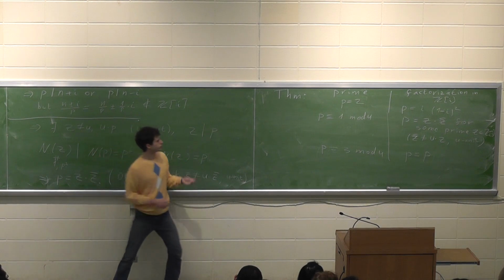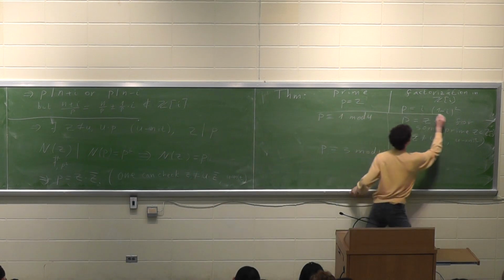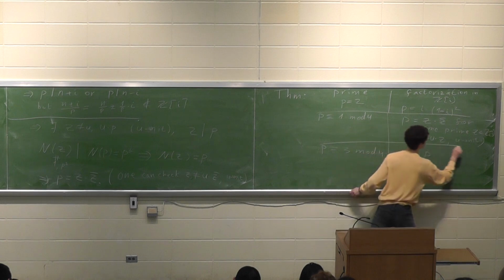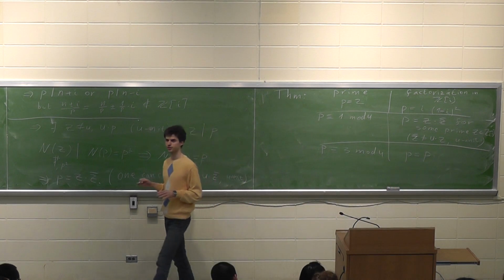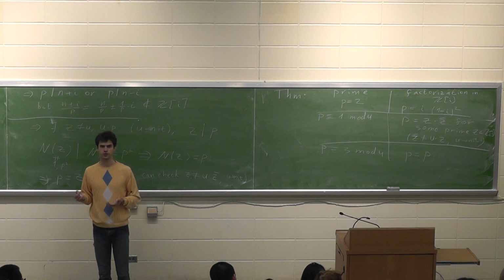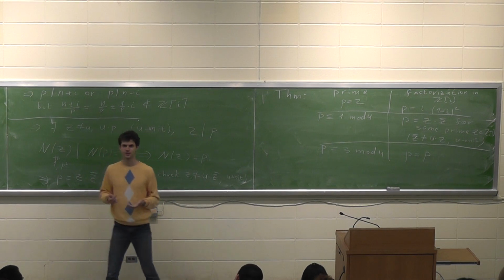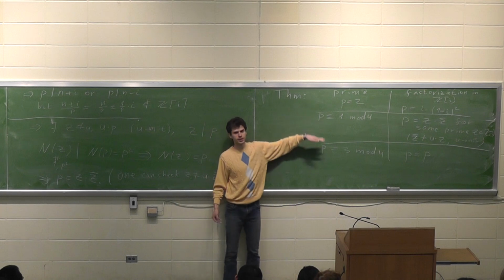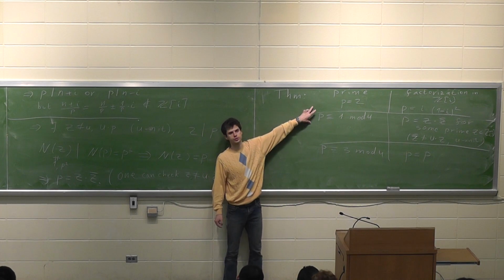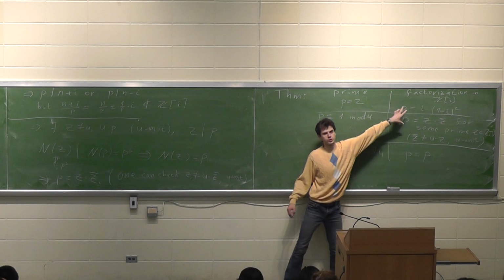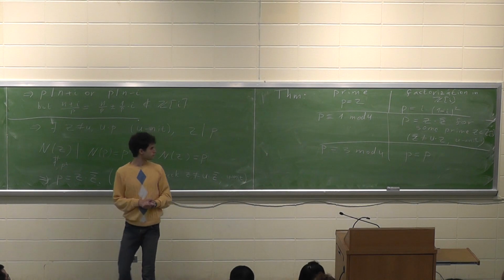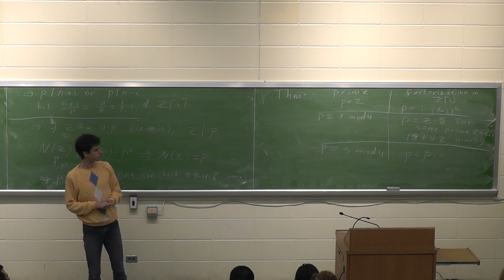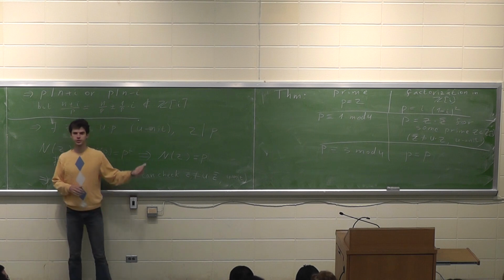So the theorem tells you how to factor any usual integer n as a product of Gaussian primes. Factor it as a product of usual primes, and then factor each one of those primes using this table. So maybe any questions about this theorem?